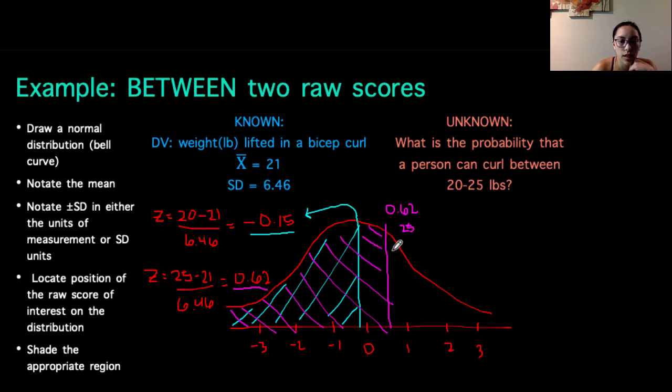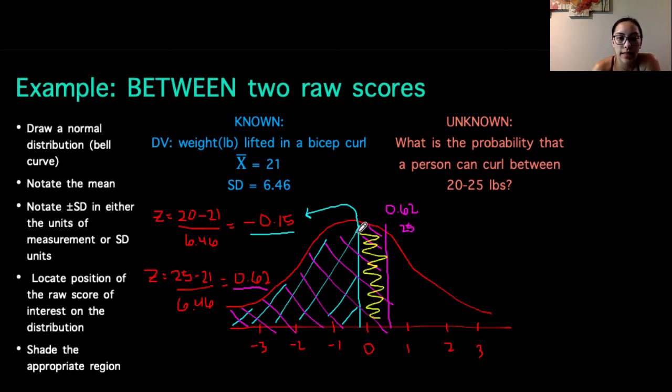Okay. Now, if we are interested in the probability that exists between 20 and 25, what we have to do is take the probability of this purple region, which is from here all the way down, and subtract the blue region so that what we're left with is this piece here.